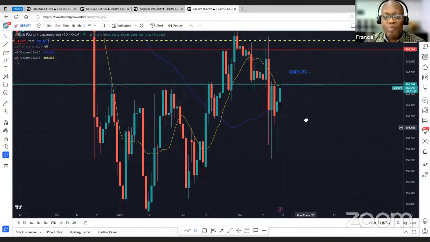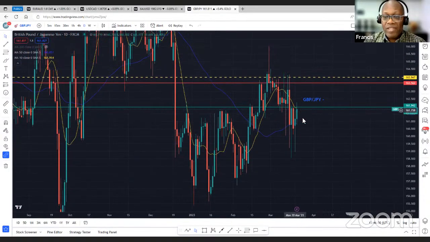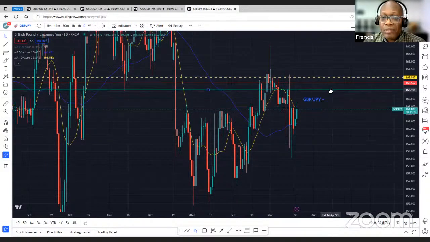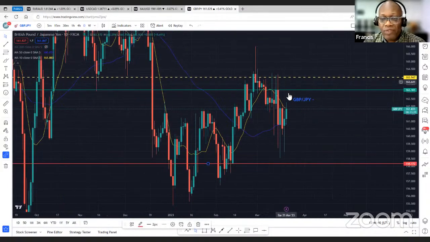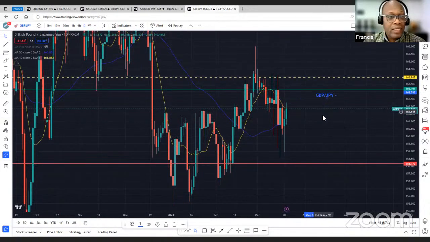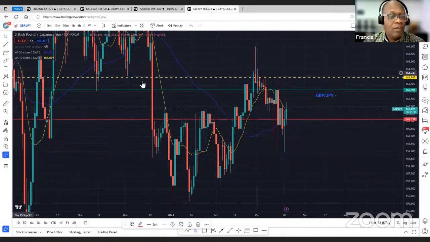Nevertheless, there's no proof yet that it has reversed. I believe it could still drop the way it is. If the price pushes above there, then obviously we'll be looking for a buy. This is nevertheless the daily time frame, so we're not necessarily going to be taking trades here. We just want to get an overall direction of the market.